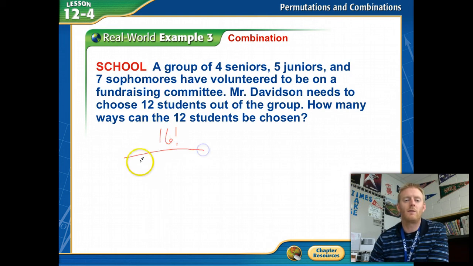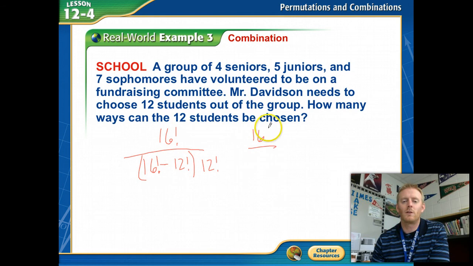And I'm going to divide by my 16 factorial minus my 12 possible students factorial, and then I'm multiplying by a r again, which was this 12 factorial. So 16 minus 12 is 4, so this becomes 16 factorial over 4 factorial times 12 factorial.